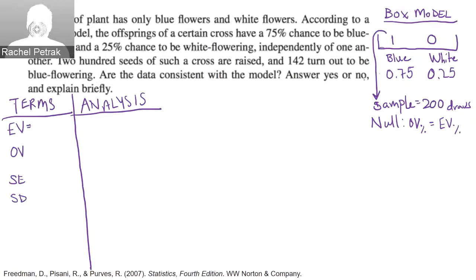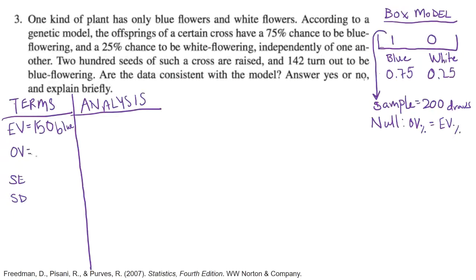Our expected value based on the numbers is 75% times our 200 draws. So the expected value is 150 blue. And what do we observe? Well, we know that 142 turned out to be blue flowering, so that's our observed value.